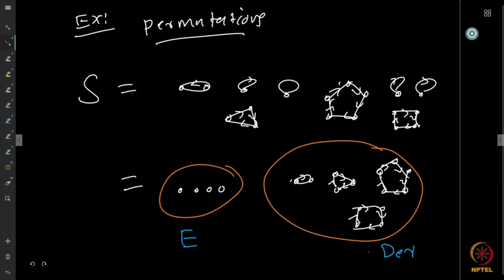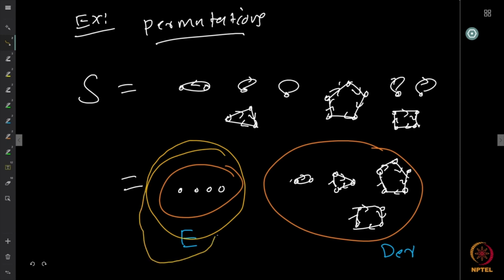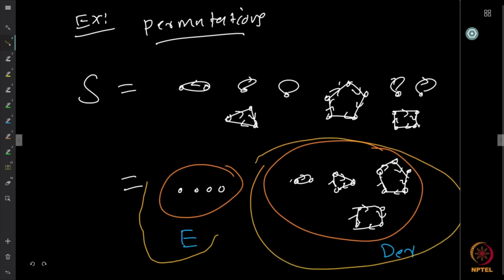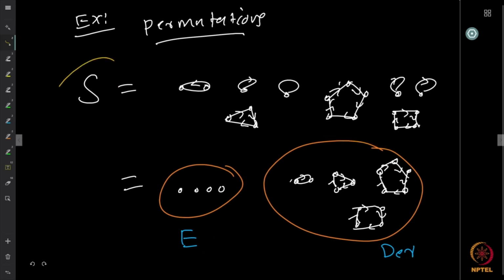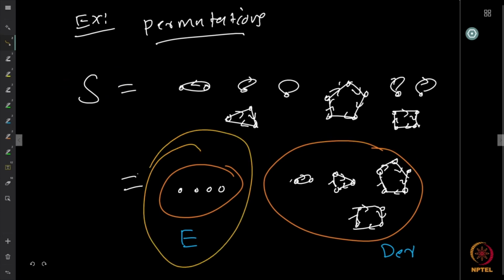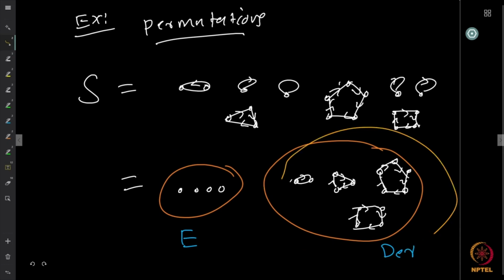So we can see any permutation as basically a possibly empty set of elements together with a derangement. So the species of permutations is basically the product of the species E of sets and the species Der of derangements.